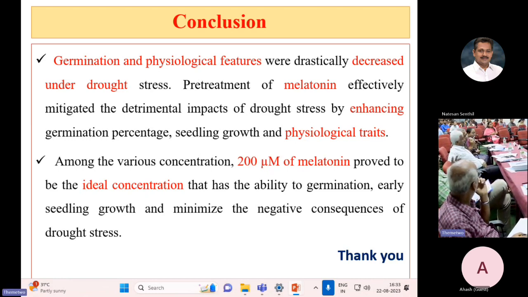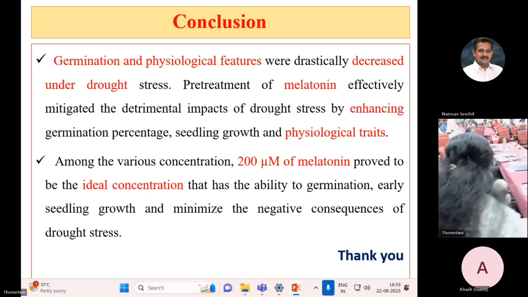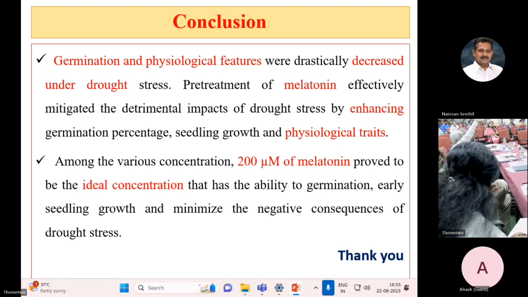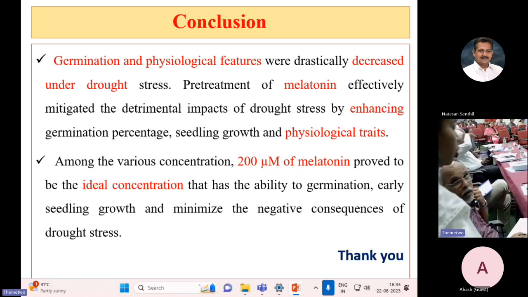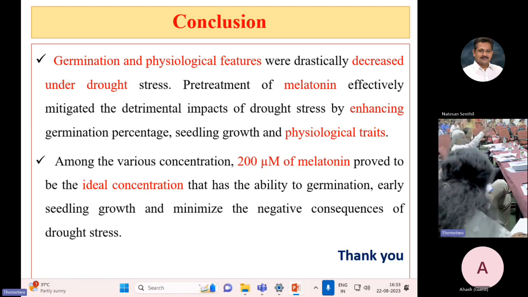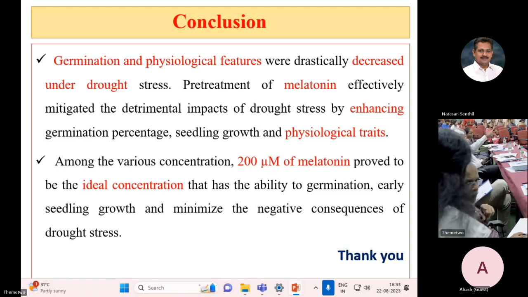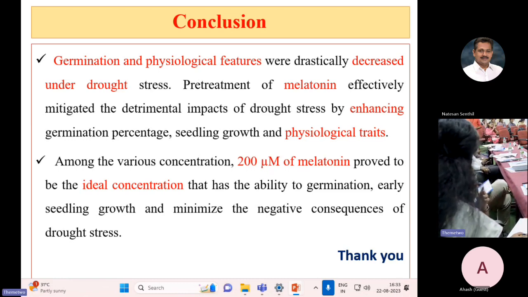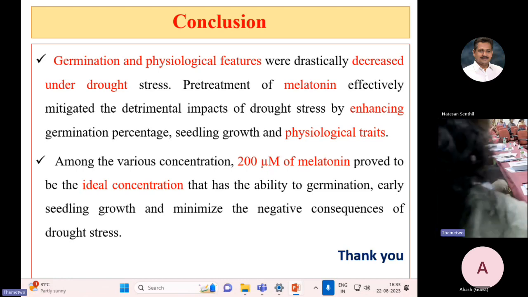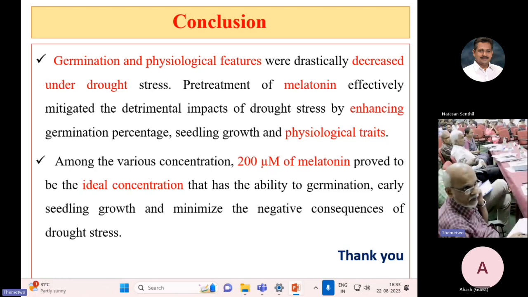You are going to study up to the reproductive stage? Yes, sir. So the initial melatonin concentration contributes to mitigating drought at later stages. Yes. Good. This is my basic screening experiment. After this, I have conducted a three-part experiment. This is mainly to screen out the melatonin concentrations.